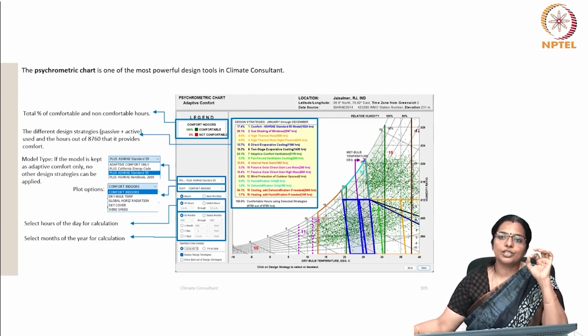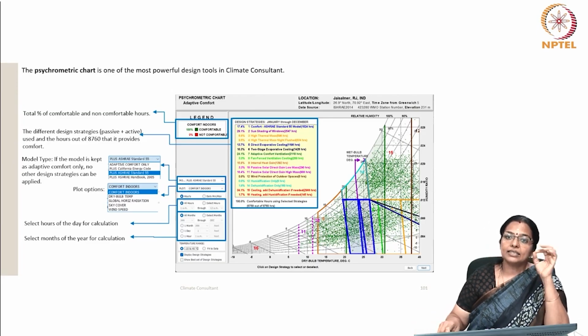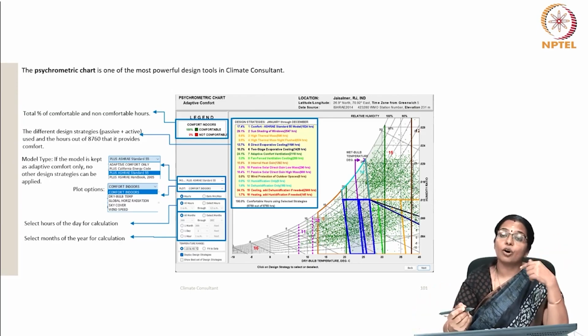The color of each dot can represent whether or not the hour is comfortable, indicated by a green dot, or uncomfortable, indicated by a red dot, and this is according to the inputs defining the comfort on the criteria screen which we selected.